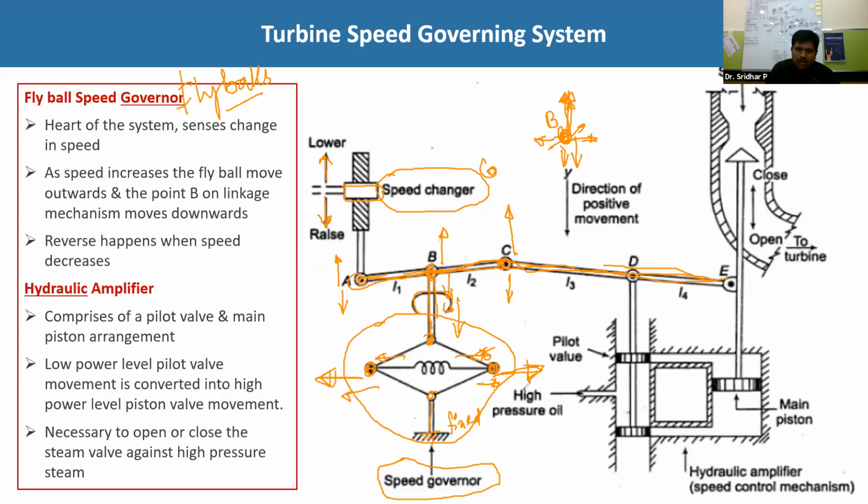Then the distance between these two points goes on reducing. Since the other side is a fixed surface, only this is the variable surface. So this total arrangement will be pulled in the downward direction. It means the point B will move in the downward direction. So this is the principle of operation of how the speed governor will act.